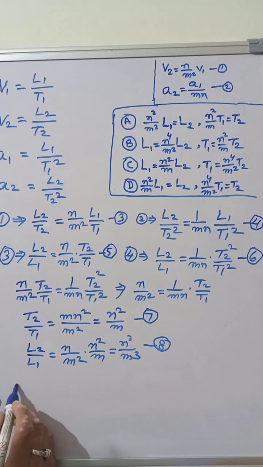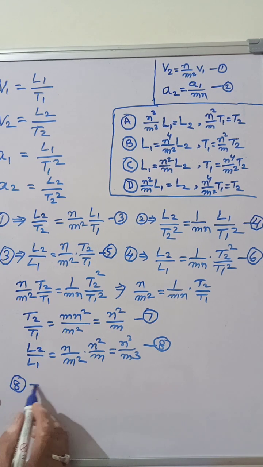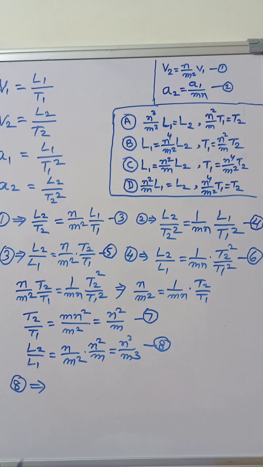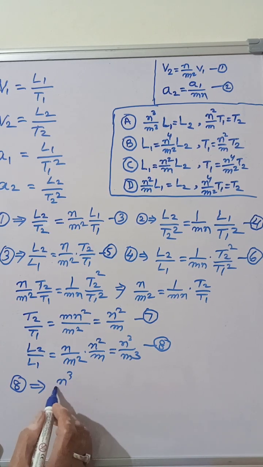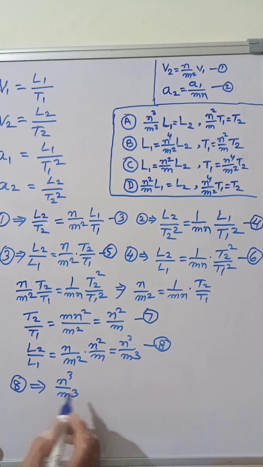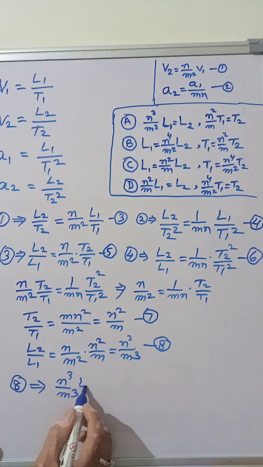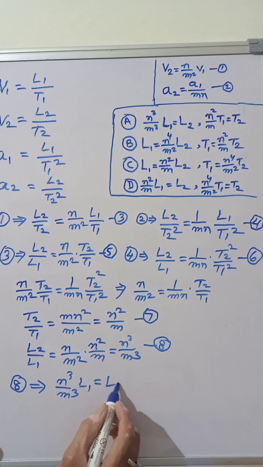So equation 8 implies, what does it imply? N cubed by M cubed into L1 is equal to L2.